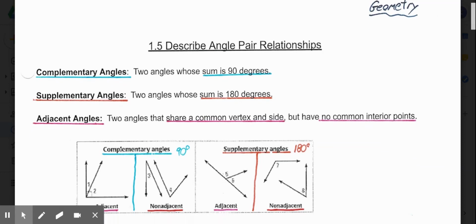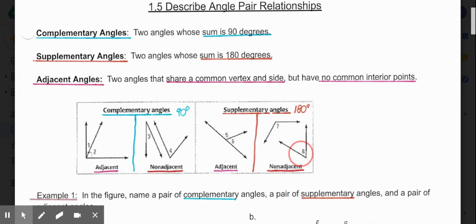And what's considered the interior of an angle, if we're looking at angle 8 here, the interior would be this part inside of the two rays, so in between the rays and the vertex. So angle 7, our interior would be here. Our exterior would be anything out here.